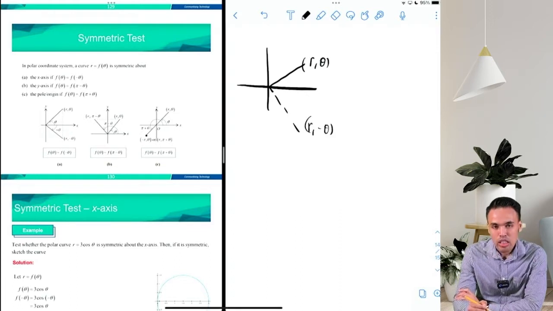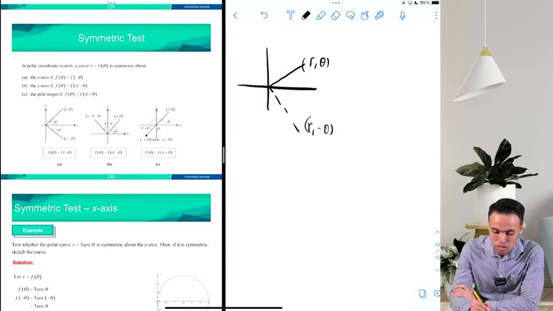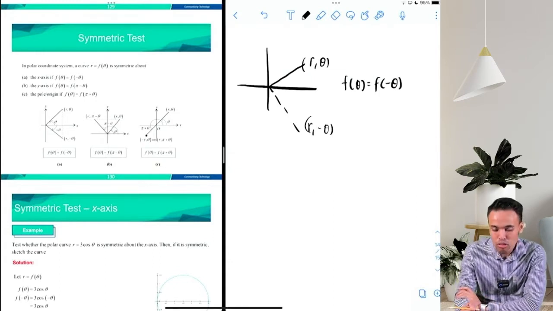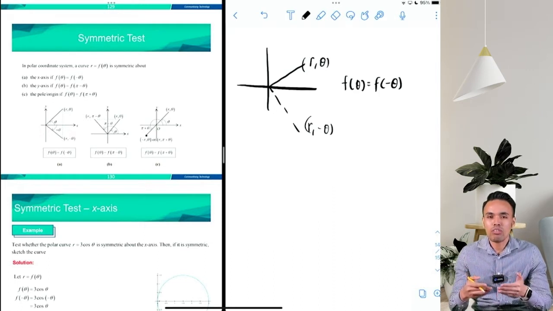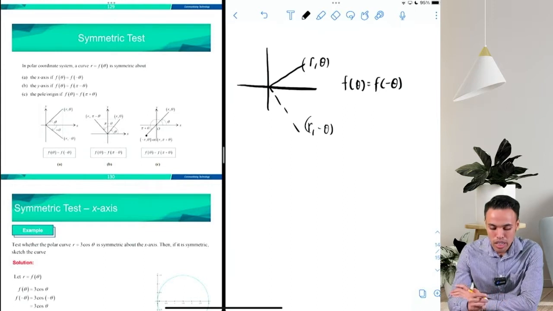So in order to show that the curve is symmetric about the x-axis, you should show that f theta is equal to f negative theta. If you are able to show that, you can safely assume the expression given will produce a curve which is symmetric about the x-axis.